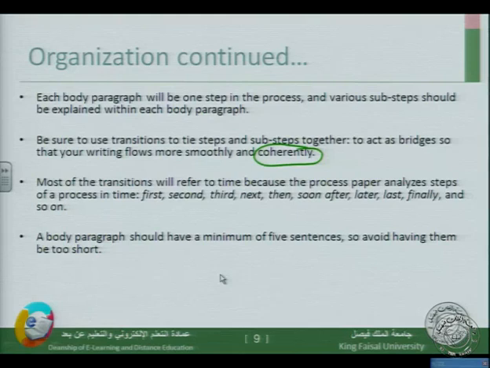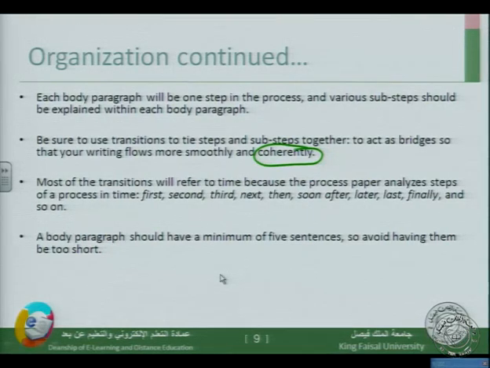From coherence, to flow smoothly and coherently. So you need to tie the paragraphs together by transitions, and we have talked maybe 2 or 3 times about how to use the transitions within the body paragraph, and how to use the transition to move to the conclusion.